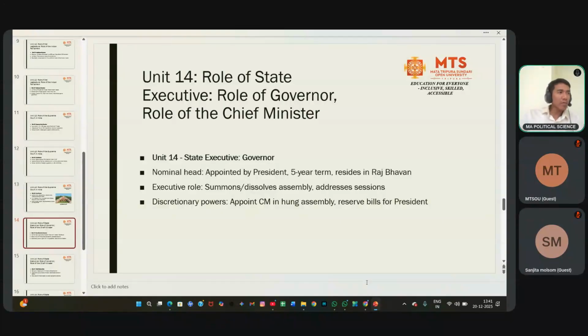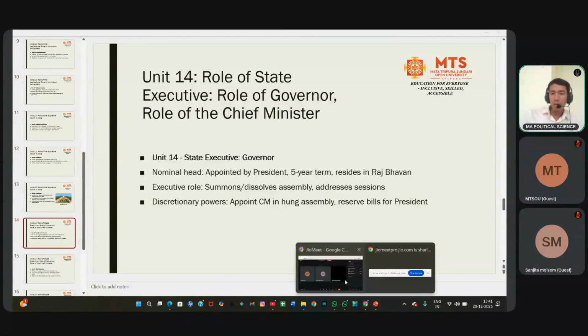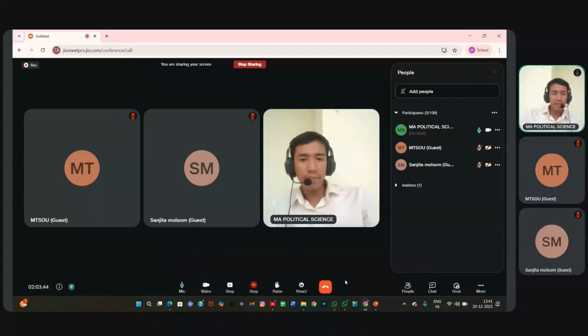Whenever the government's term is over, the governor declares it dissolved. In some important sessions, the governor addresses, and the government attends the meeting. So these are some of the roles of the governor in the state assembly.